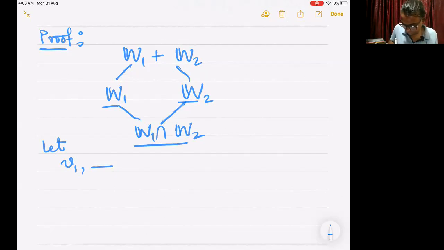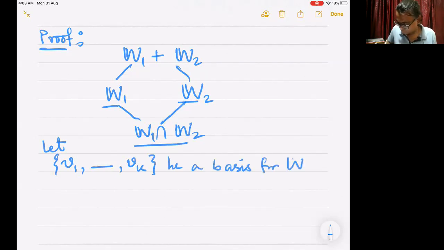Then let V1 up to Vk be a basis for W1 intersection W2.